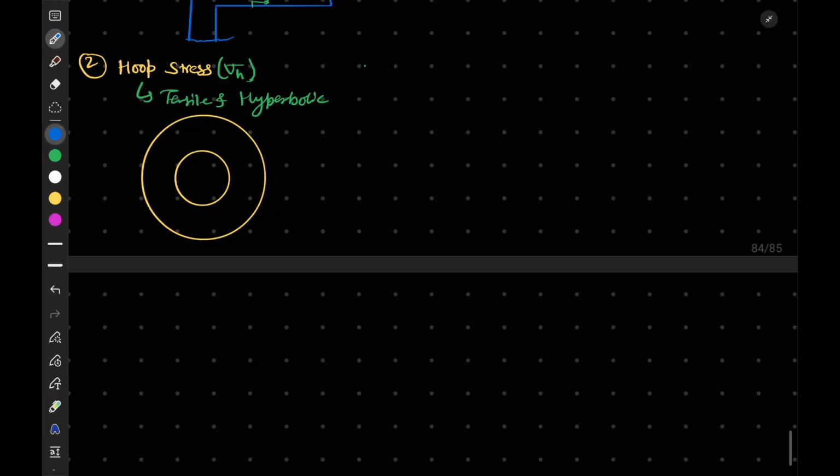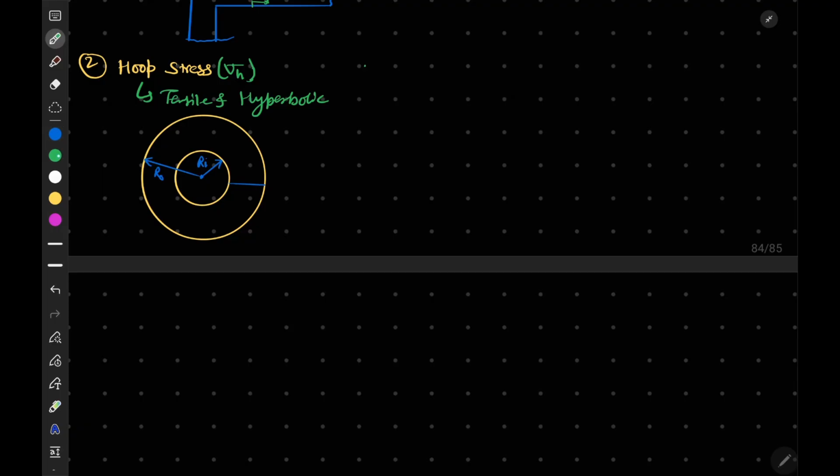If this is your thick cylinder, here is your radius Ri, and this is your radius R node.